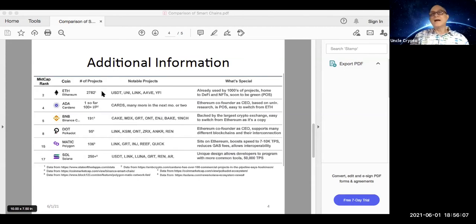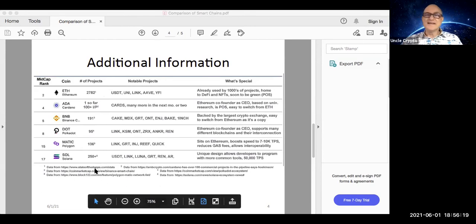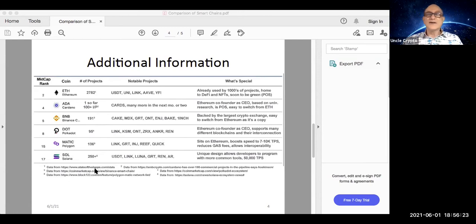Now, the number of projects running on these coins is fascinating for me. I was just fascinated when I started digging this data up. And I had to go to 6 different places to get the data. If you want to look at that data, I gave you the source of where I found it for all these different numbers of projects down here in the footnotes.